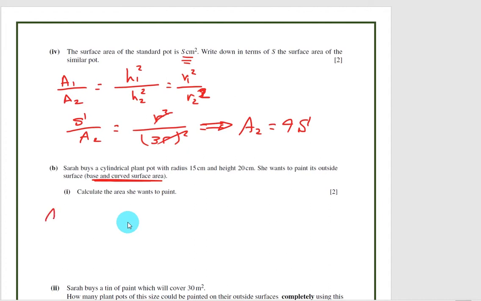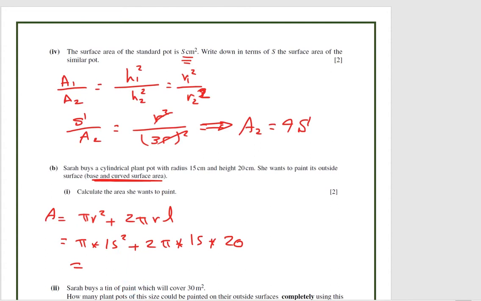Okay, so the area is equal to the area of the base, pi R squared, plus the curved surface area. The curved surface area will equal 2 pi R L. So pi, the radius is 15 squared, plus 2 pi, the radius is 15, multiplied by the height, which is 20.